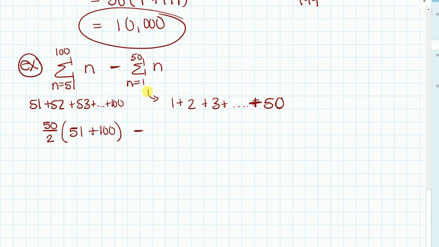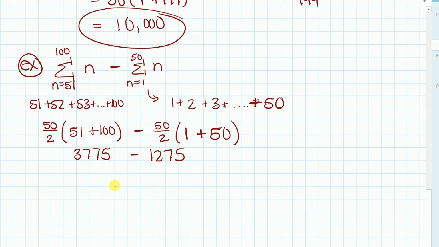And then over here, 1 to 50, that's 50 numbers, because again, we're including the 1. The first thing in this pattern is 1, and the last thing is 50. Again, you have to make sure that it is an arithmetic sequence in order to use the equation. If we simplify, we have that for this total, and 1275 for this total, and you get 2500 for your total sum.